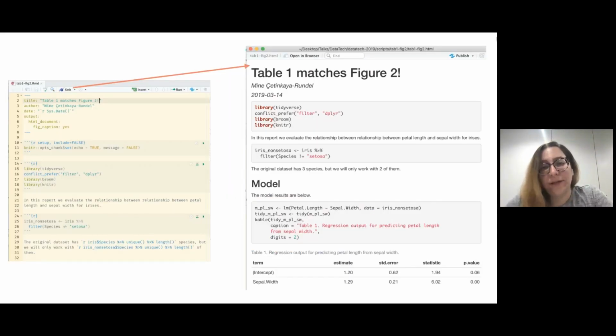This is what the result of this document looks like. You can see that the code is there, but in addition to the code, I also have the output as well. So at the bottom of that image, under the model section, not only are you seeing the code to fit a model, but you are also seeing the R output.